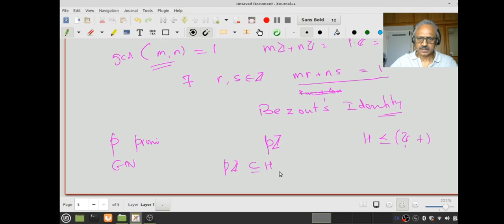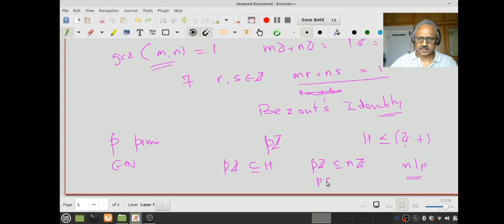What can you conclude? Remember, pz is contained in some, let us say, n times z. What does it mean? Therefore p belongs to nz, therefore n divides p. You understand?